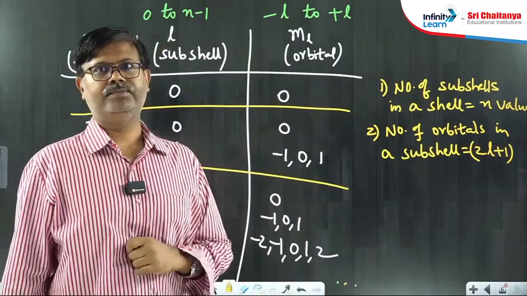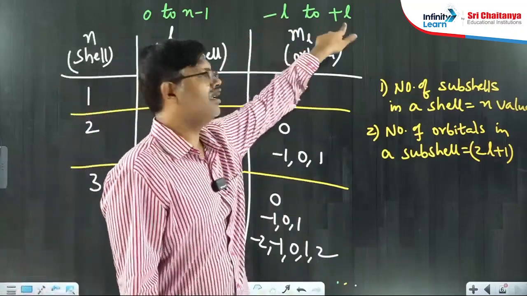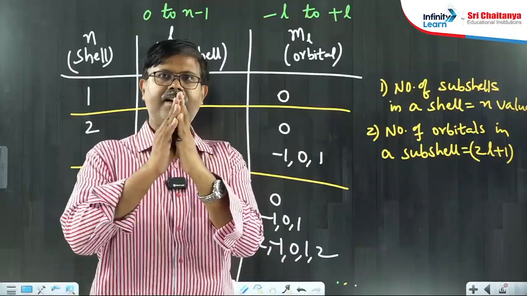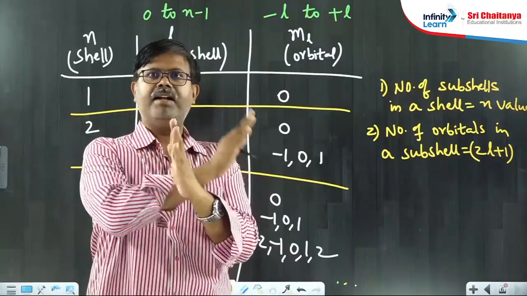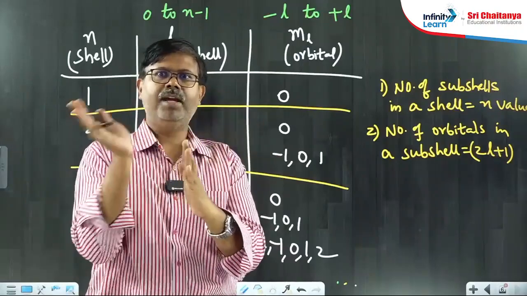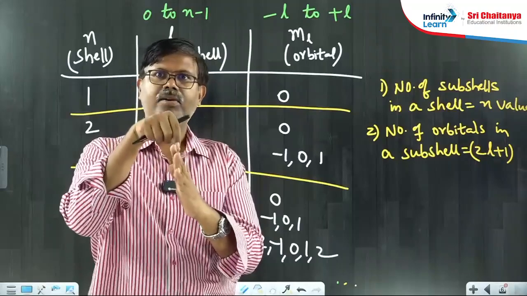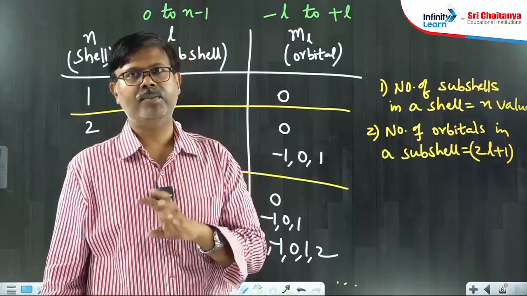Because minus L to plus L means on one side of 0, L values will be there. On the other side also L values will be there. 2L total. Including 0, total 2L plus 1 values will be there.